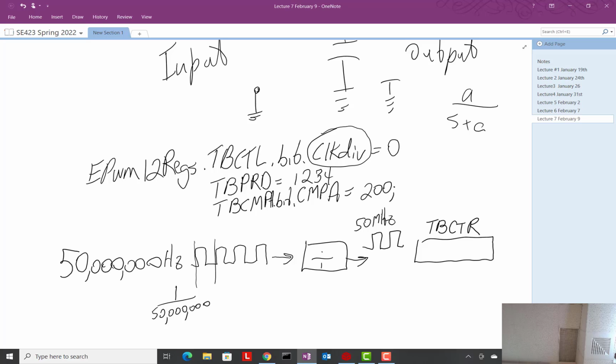When it gets to the period value, it goes back to 0 and starts again. That's all it does. It's just a counter, and this period, PRD, is the periodic or carrier frequency.